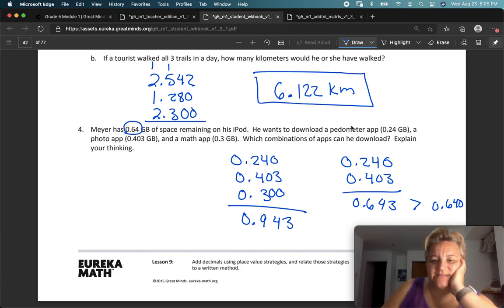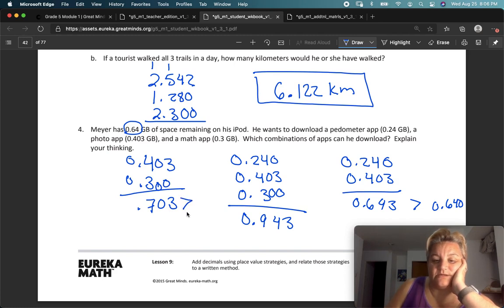He can't get the pedometer and the photo app. That's not going to work. And I can tell already that if he got the math app and the photo app, 307, well, that's bigger too, so that's not going to work. So he can't get all 3, he can't get those 2, and he can't get those 2.